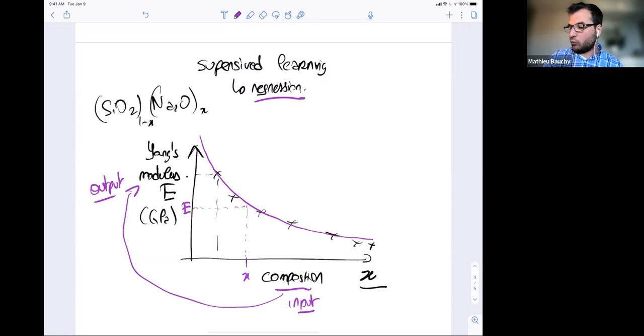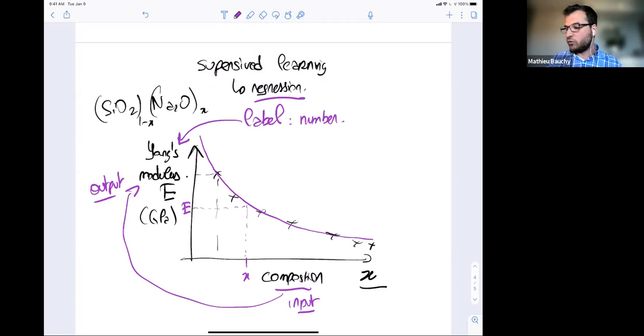So that's a regression problem because you have a label. That's the Young's modulus, that's what you want to predict. And this label is a number. It's not a category, it's a number that can have any value, like between two numbers, you can always find a third number in between, right?